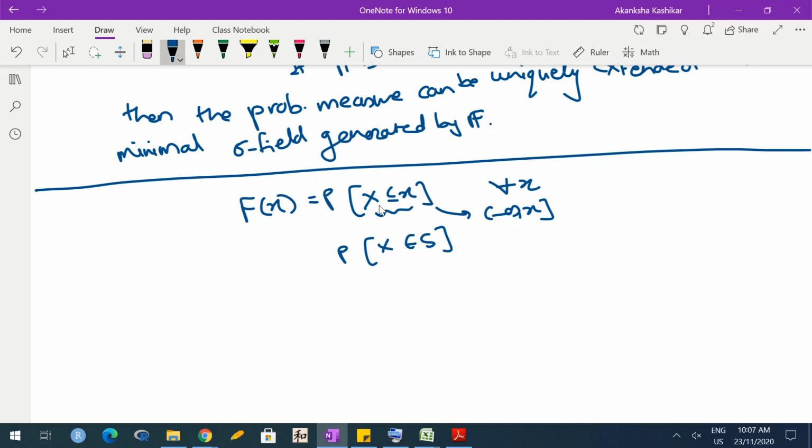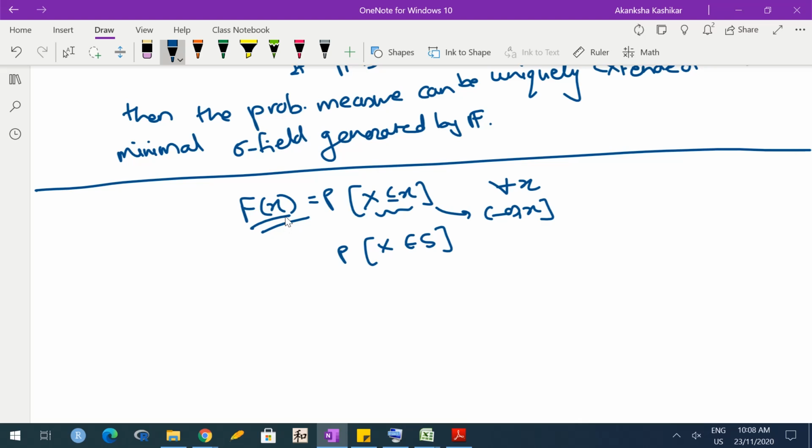That is the key in both these proofs, saying that the distribution function of any random variable is unique, and also that given a distribution function you can construct a random variable which will have that distribution.